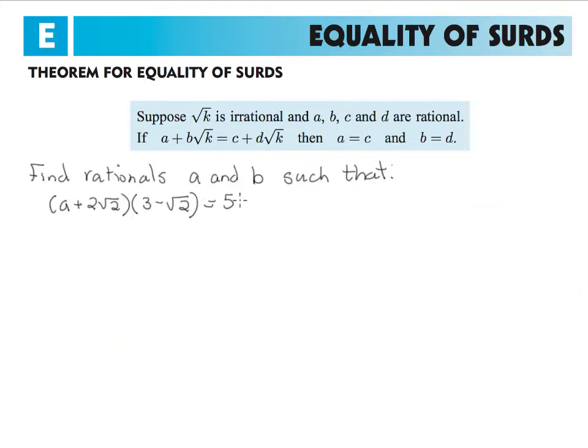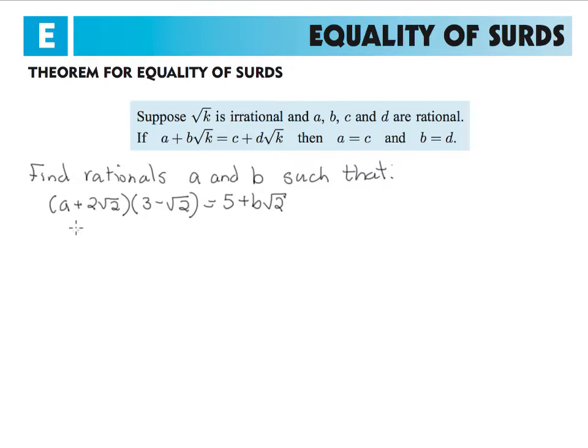So in this example, we're going to find rational numbers a and b such that a plus 2 the square root of 2, times 3 minus the square root of 2, is equal to 5 plus b the square root of 2. Notice here I have variables on the left and the right side of the equation. To work this problem, I'm going to start by multiplying the two binomials on the left together.